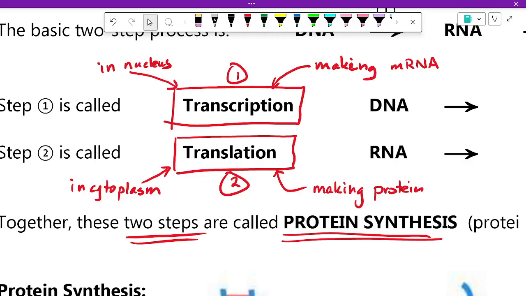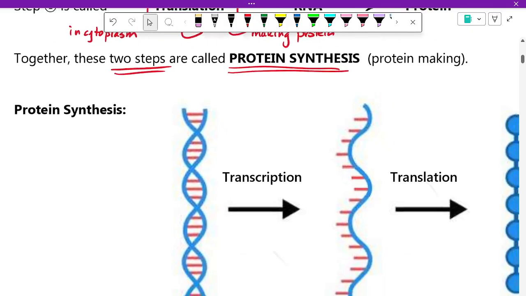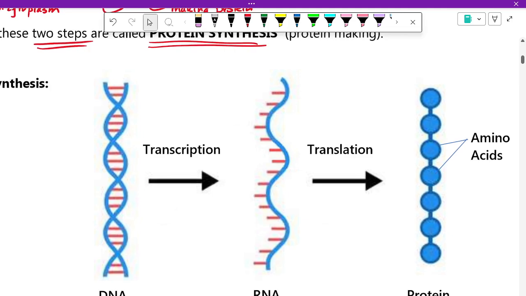Anything new here? No, this is stuff we had before. So these are just pictures so you can imagine it better. Transcription, we take our two-stranded DNA and we make a one-stranded copy, the RNA, and then translation, we translate the RNA code into the amino acid sequence.